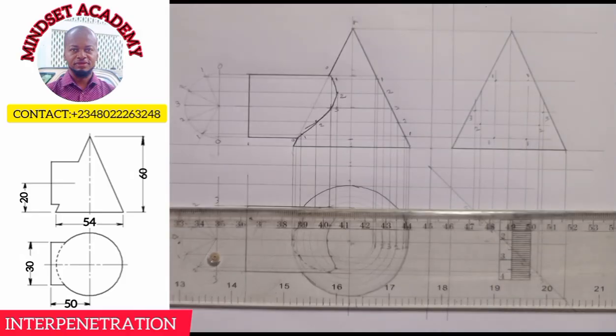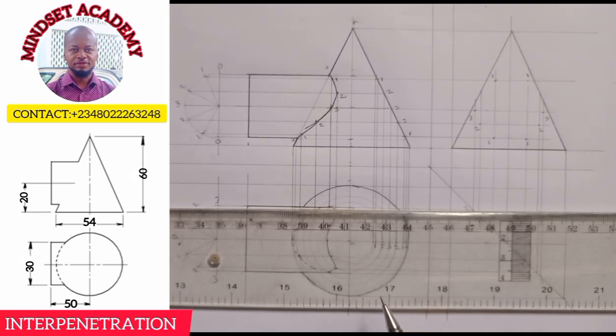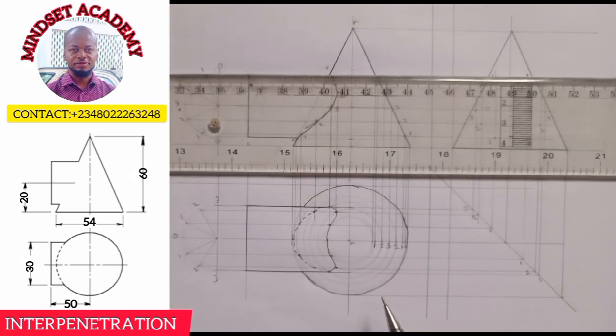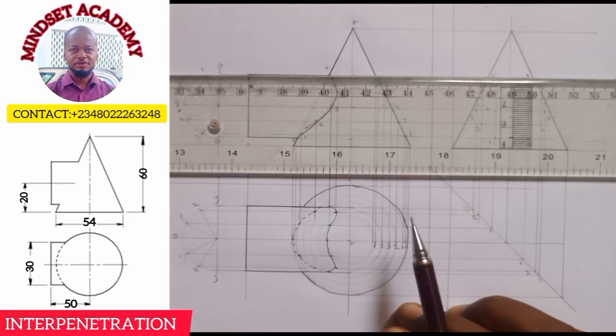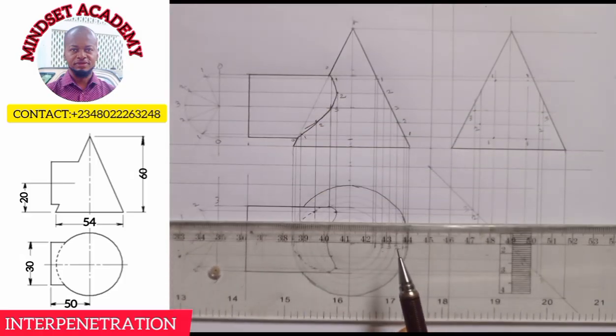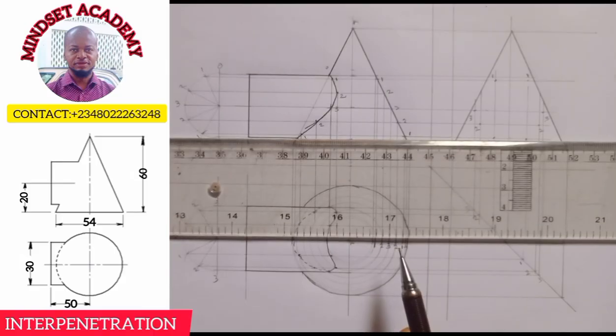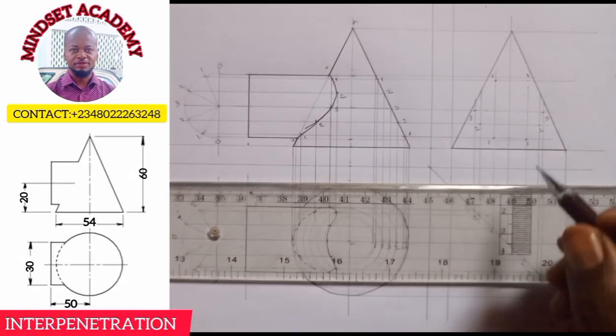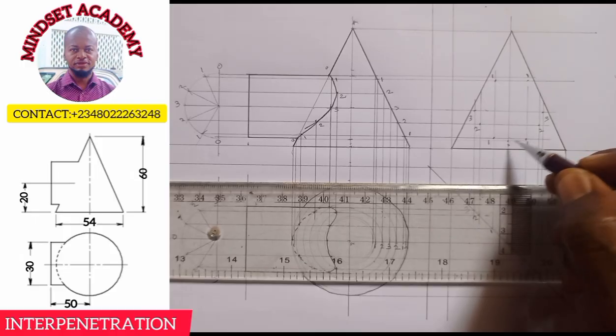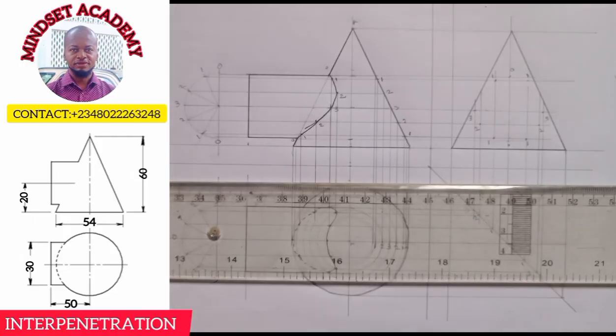Then we'll go to the last but not the least, which is 0. So we know very well 0 is the center line there. So if I project this 0 here, like this, and I project this 0 here, like this. So this is our point 0 here, and this is what? Point 0. And I'm going to join all those points together.